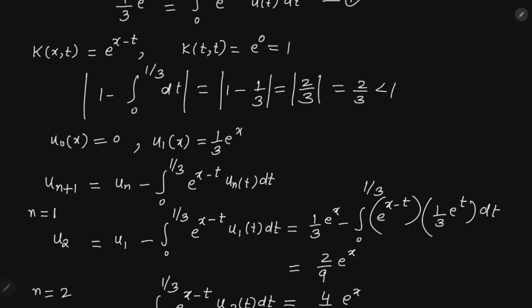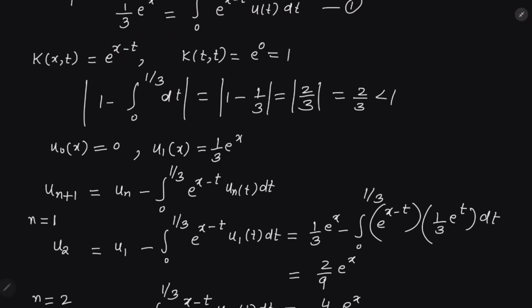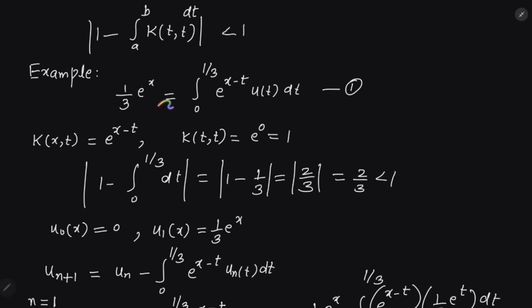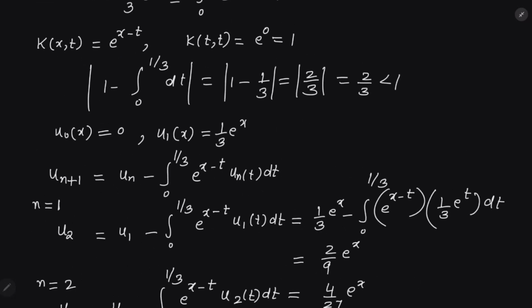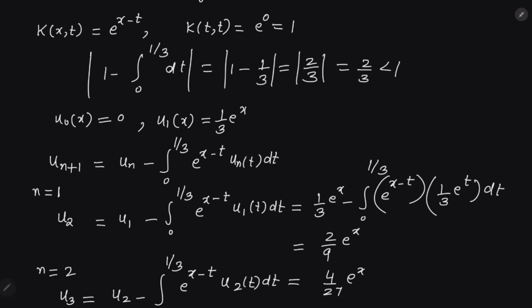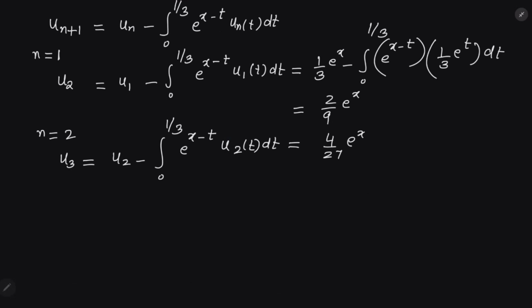You must be wondering, there is no homotopy perturbation method over here, but I will go back to the theory first and I will explore this example again. So just follow these steps. For the time being, there is no perturbation parameter and so on, but still we get the answer. So let me just solve this problem first and then go back to the theory. So similarly, we get u4 and u5 and so on.